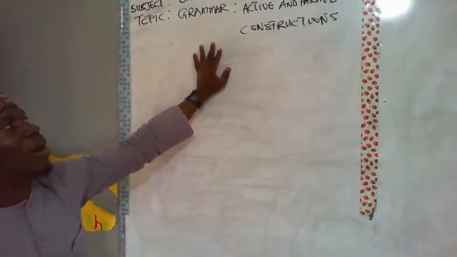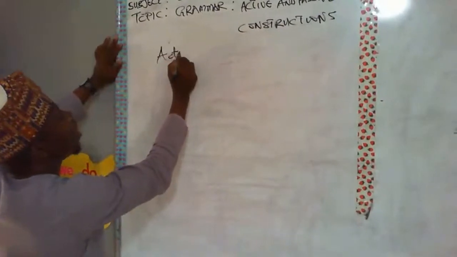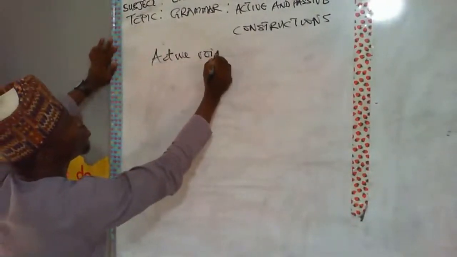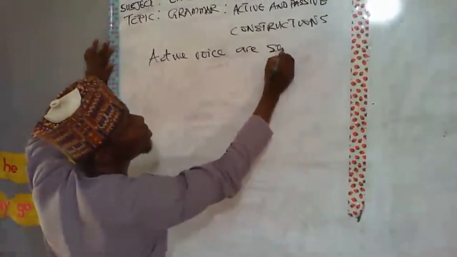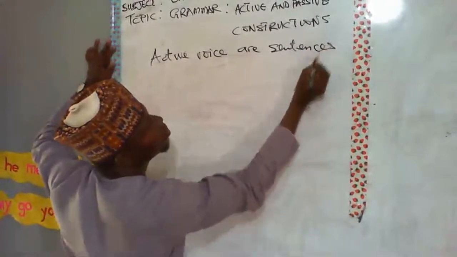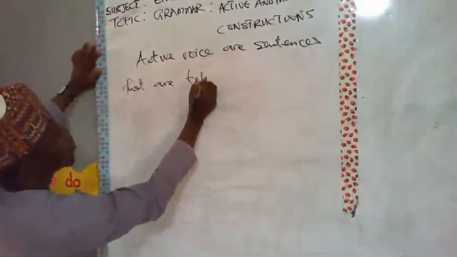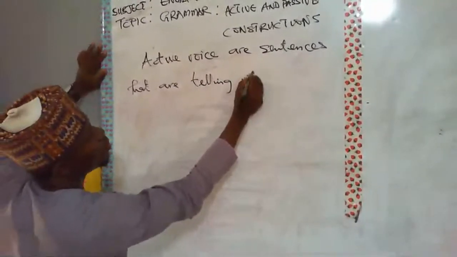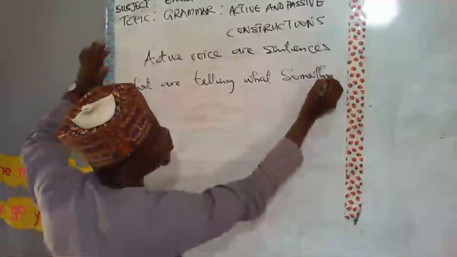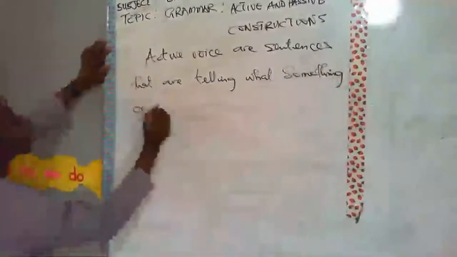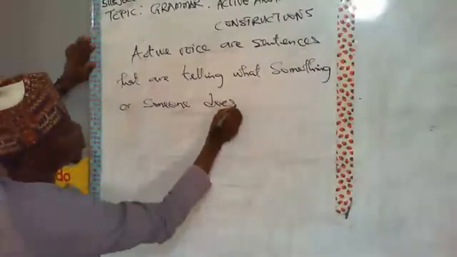Active voice sentences are telling us what something or someone does.